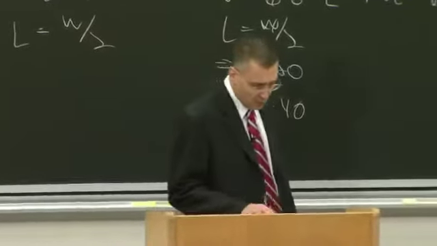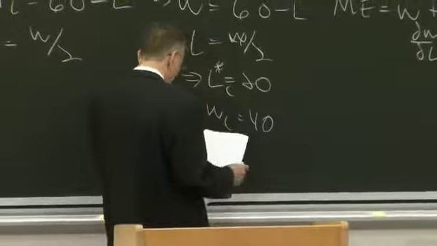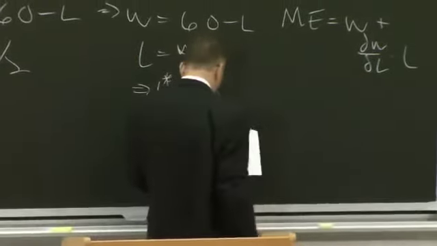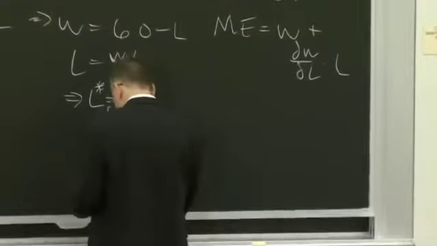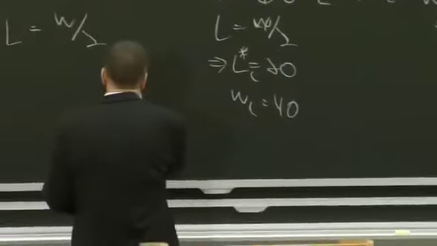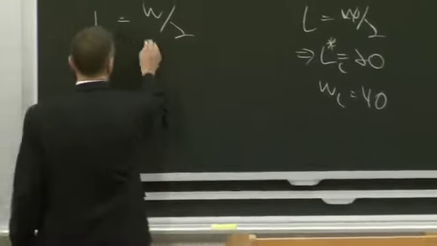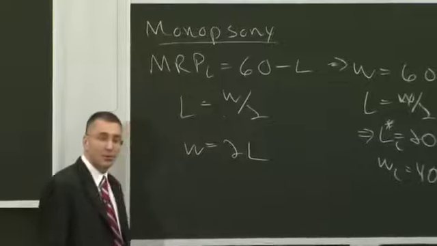the monopolist. The marginal expenditure curve, okay, so we know expenditure is W of L times L, and we know from the supply curve we can rewrite this as W equals 2L, right?